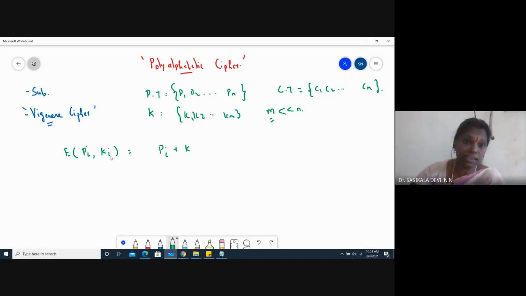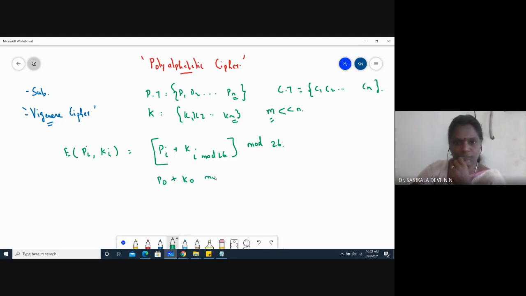Actually, you cannot use i directly for the key because the lengths are different, so I use Ki mod m, and the whole thing mod 26. For example, P0 plus K0 mod 26.